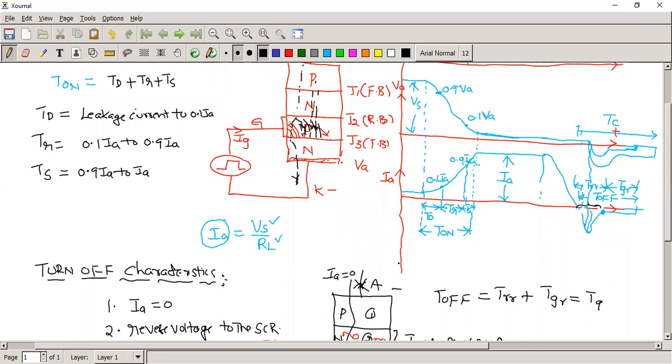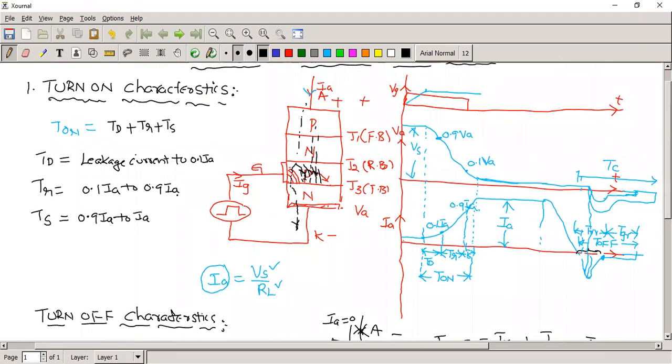So this variation of anode voltage and anode current with respect to time is nothing but the dynamic characteristics of an SCR. Try to remember here.